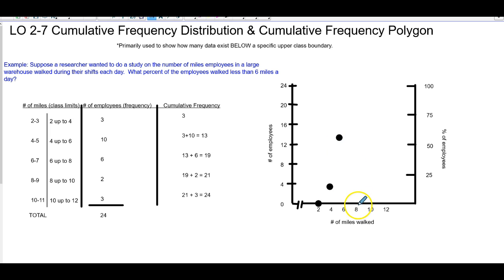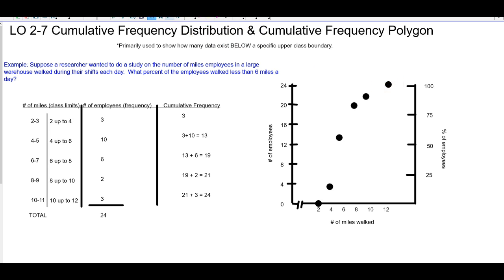Then we have 8 and 19. We have 10 and 21. And we have 12 and 24.